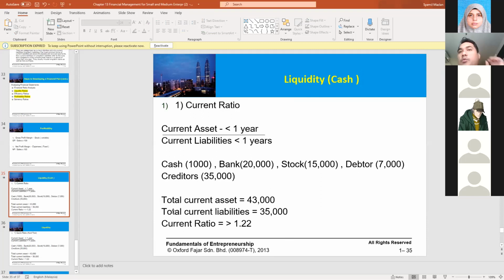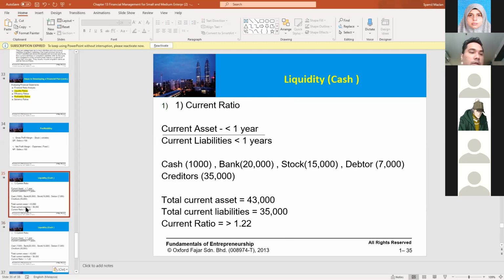So this is one of the criteria that banks use when making a loan: they see your liquidity and your profitability. If you want to start a business and make a loan from the bank, the bank will look at your profitability and then your liquidity.